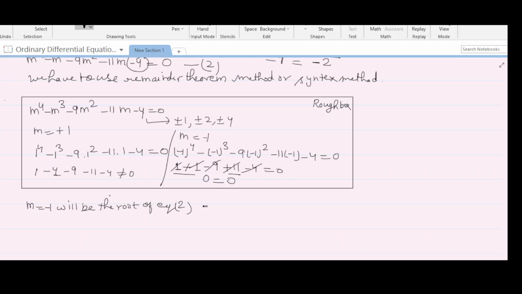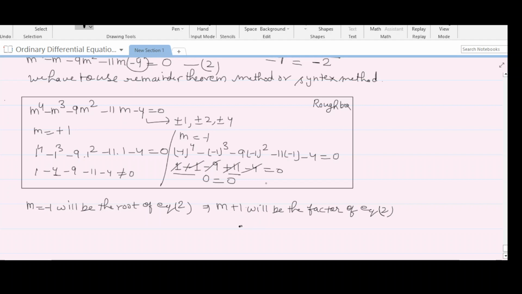That means m plus 1 will be the factor of equation 2.